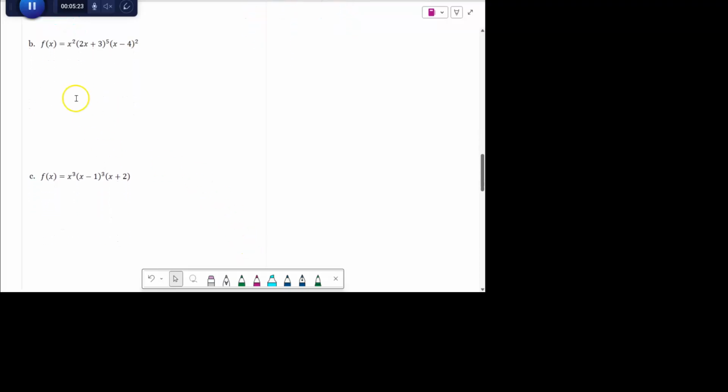In this example, again, this is already in factored form, just to make it a little easier on us. Let's find our x-intercepts to start. We're solving the equation 0 equals x squared times (2x plus 3) to the 5th power and (x minus 4) squared. So we're going to split each of these into separate equations.